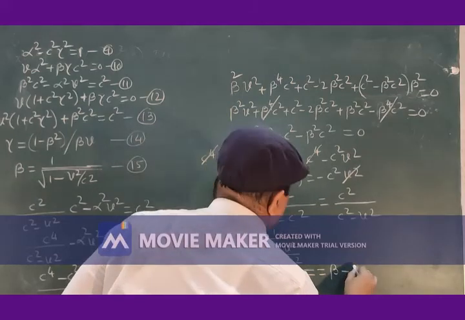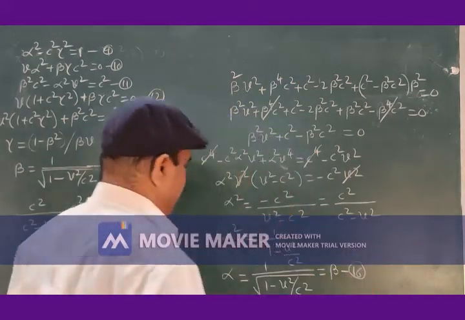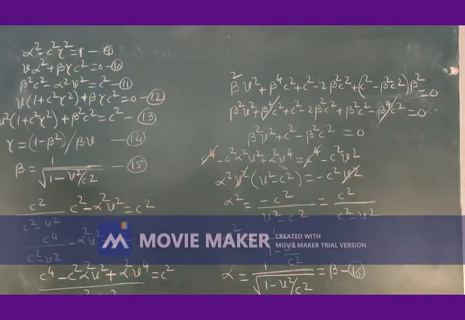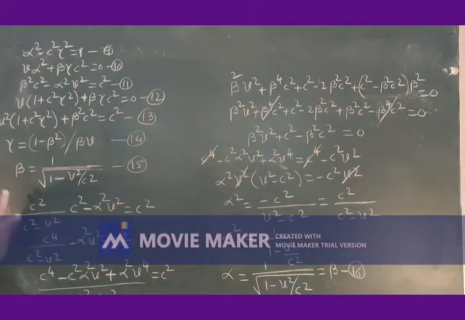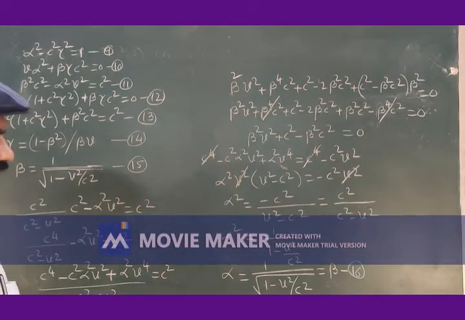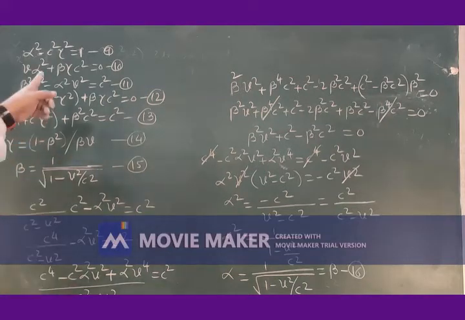Equation number 16. So the value of alpha is found, the value of beta is found. The value of alpha and beta is the same, 1 divided by the square root of 1 minus v square by c square, and the value of gamma is left. To find the value of gamma, let us go back to equation 10.